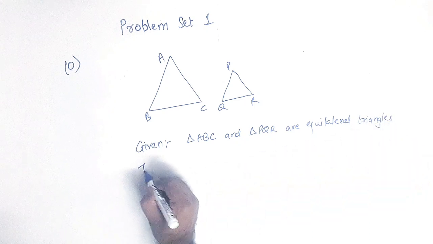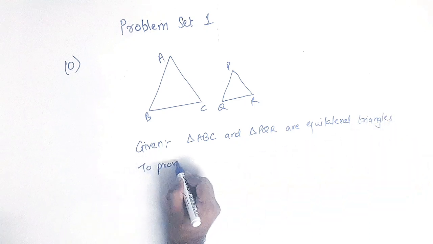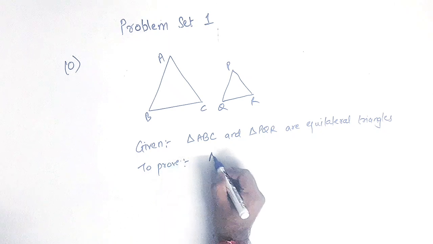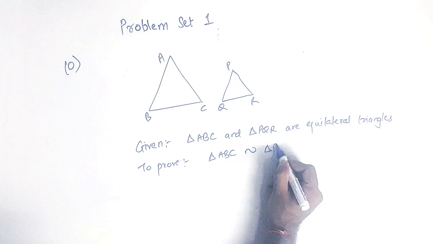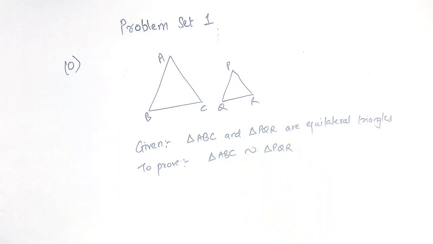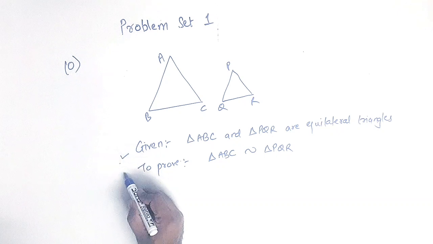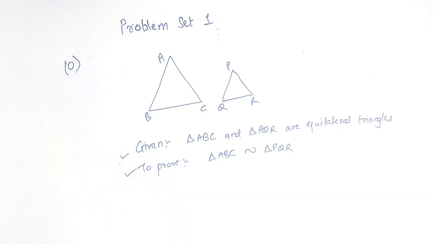Then what is to prove? To prove: triangle ABC is similar to triangle PQR. Whenever there are two equilateral triangles, they are always similar to each other. So we have drawn the figure as well as written the antecedent and the consequent. Let us move on to the second one.